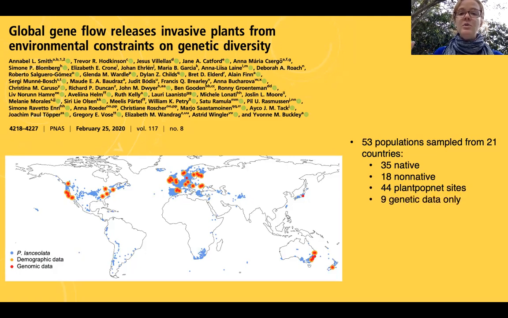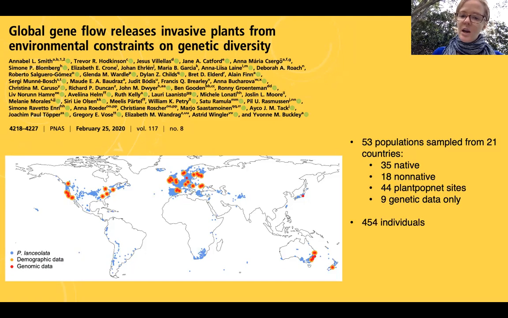And then we had an additional 9 sites with genetic data only that we sampled specifically because there were either gaps in that sampling range or we really wanted to know something extra about those sites. Greece, for example: our preliminary analysis showed a really strong structure in Europe, but we had no information from Greece. So Alan Finn and myself went down there to get some Plantago lanceolata samples and eat some Greek salad while we were at it.